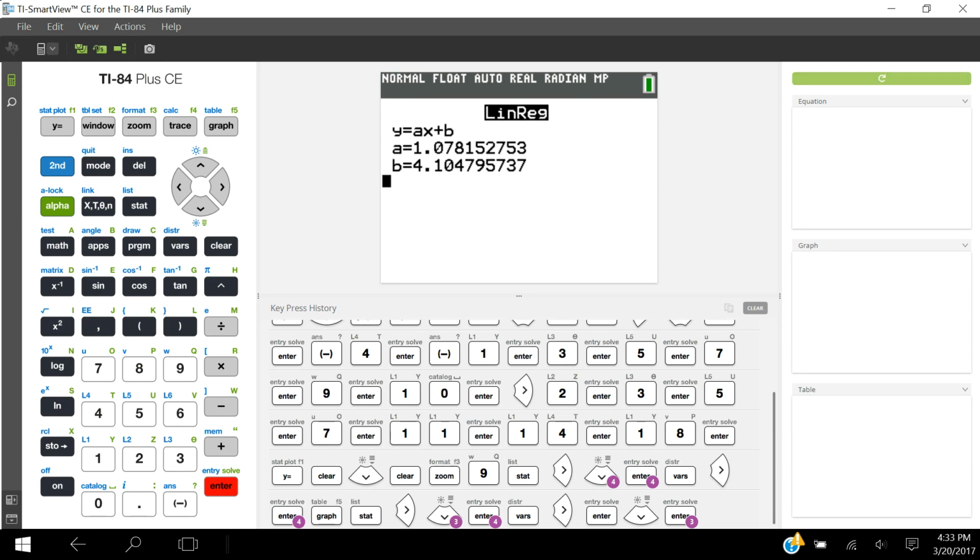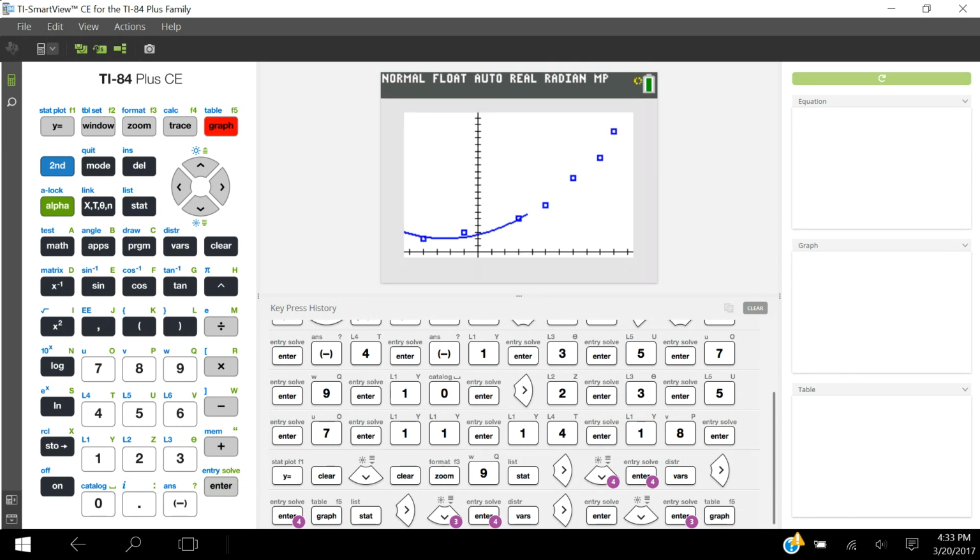Okay, so my equation is 1.07x plus 4.1. Let's look at the graph. There's my nice parabola. What does the line look like? Ew. See, that is not a really good fit if you look at that line. And I definitely think the quadratic is the right equation to use.